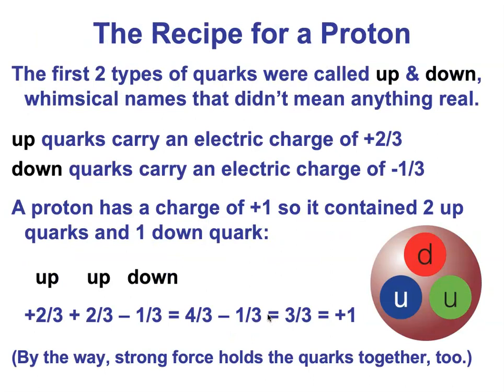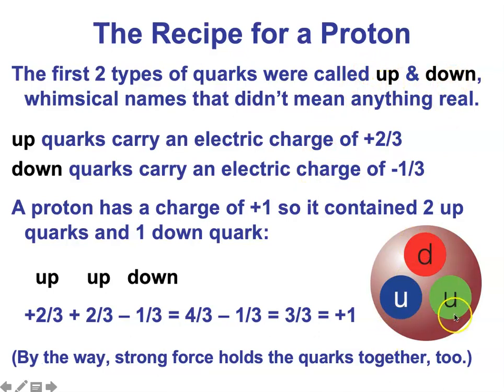A minute ago, I said atoms are made of protons, neutrons, and electrons, and that's true. But if you zoom in and look at a proton, it turns out that protons and neutrons are made of even smaller particles that are called quarks. And for our story here, there are two kinds of quarks, up quarks and down quarks.